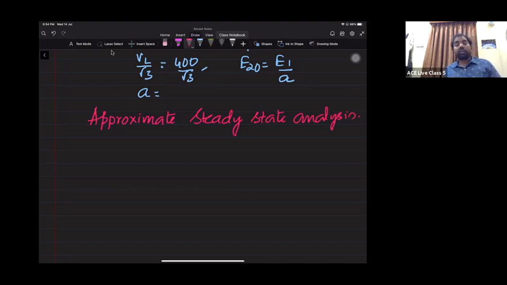So what does approximate steady state analysis mean? Finding out the performance of a three-phase induction motor by considering only the rotor circuit parameters. As of now, we don't know about the stator circuit. Only by considering the rotor circuit parameters, we are finding out the performance parameters, right?